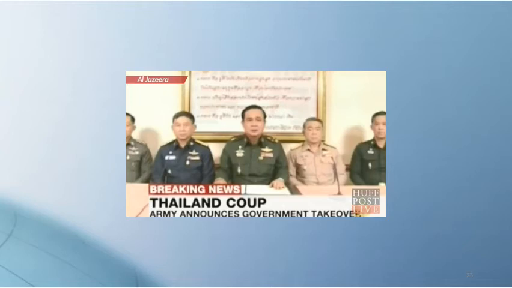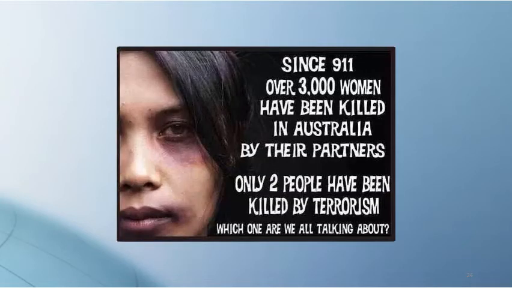Okay, here's another one. So this poster reads: since 9/11, or the attacks of September 11th, over 3,000 women have been killed in Australia by their partners. Only 2 have been killed by terrorism. But which one are we all talking about?